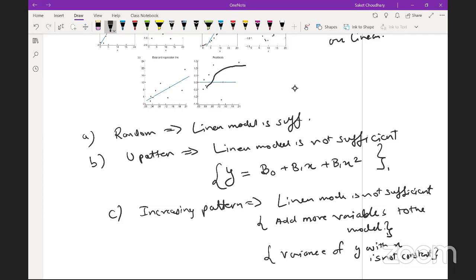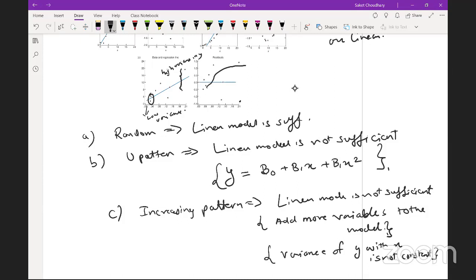You have higher values of the residuals for higher x, essentially implying there is higher variance in the values of y, which you can also see here. There is a lot of variation in the y value. So this is high variance in y. You can see it on the plot here as well, whereas here you have low variance.